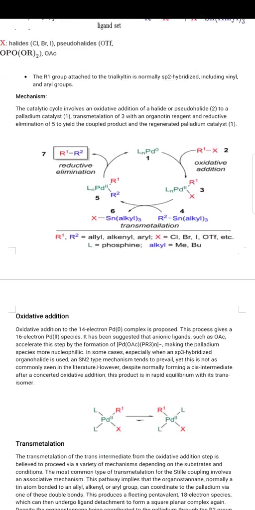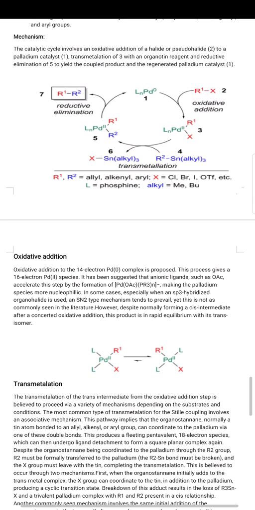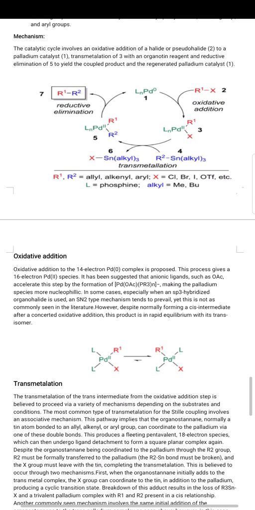Then there is the mechanism of the Stille cross-coupling reaction. First, there is an oxidative addition. The catalytic cycle involves an oxidative addition of a halide or pseudohalide to a palladium catalyst, transmetalation with the organotin reagent, and reductive elimination to yield the coupled product and regenerate the palladium catalyst.